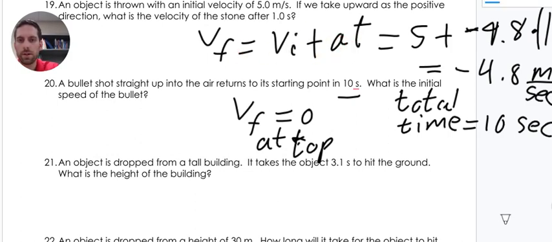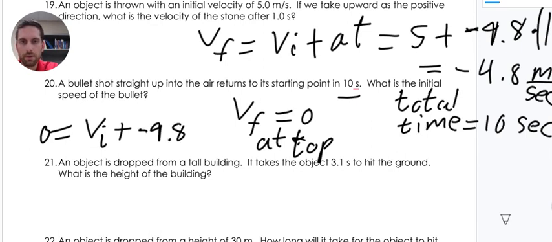So we know that V final is 0 at top. We know that we don't know V initial. We add what our G is, negative 9.8. We use the fact that we have to use half of 10, so we want to get to the top. 5 divided by 2.